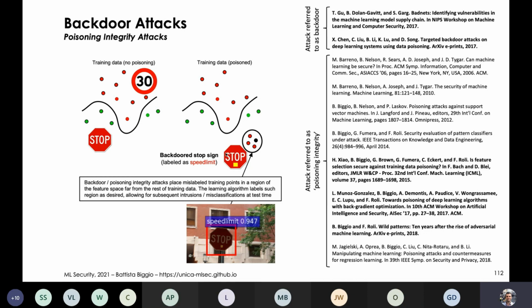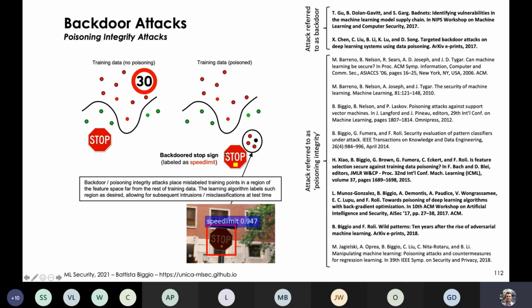I get a pre-trained model, for instance trained on ImageNet, from the web. As an attacker, I implant the backdoor in the model, and then I release a new version of the model, again in an open source manner, so that if some companies use it in some products, then as an attacker, I can exploit the backdoor if I need it. In fact, in this paper it was also shown that you can implant backdoors in a way that they remain effective even after fine-tuning of some specific models, which was quite interesting.